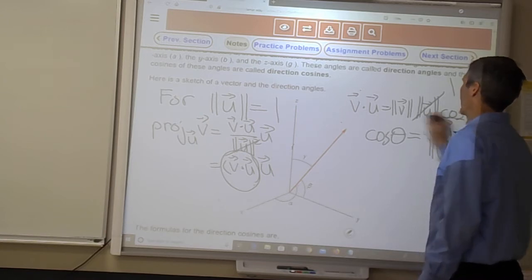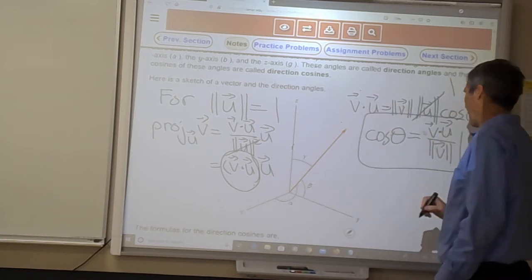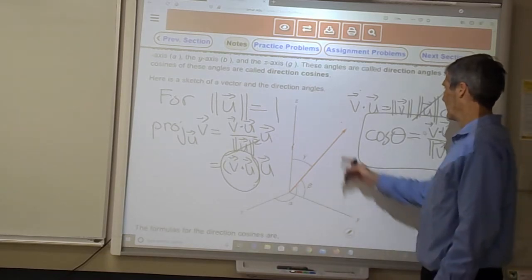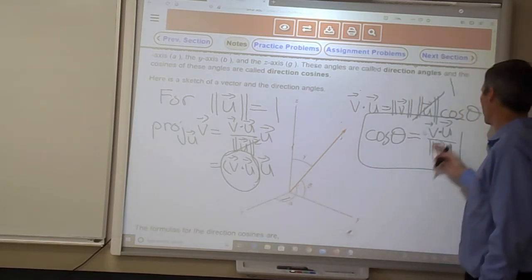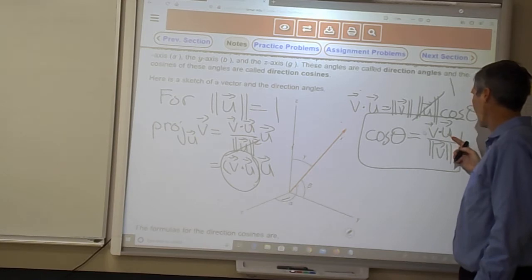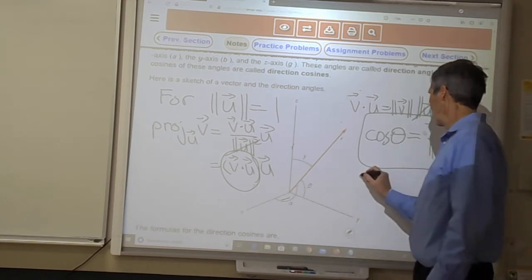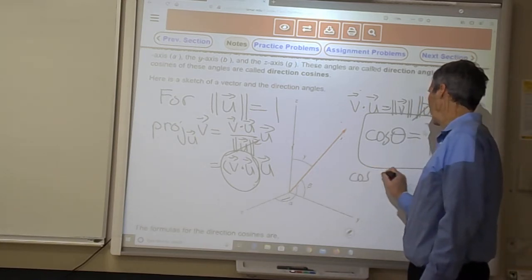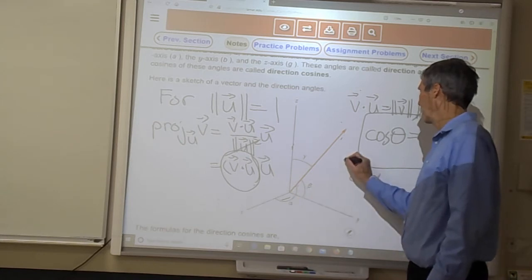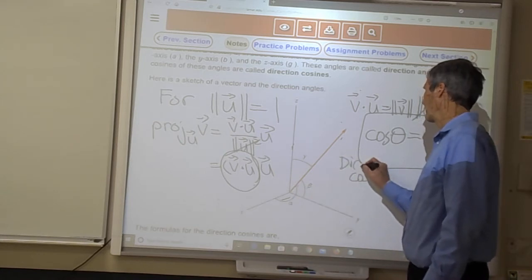And that means, in particular, that when we project a vector on the x-axis, we can make u the unit vector i, and we can take cosine of alpha, the angle to the x-axis. We'll call these direction cosines.